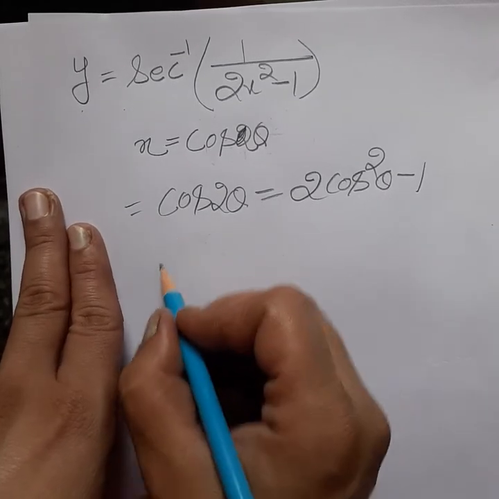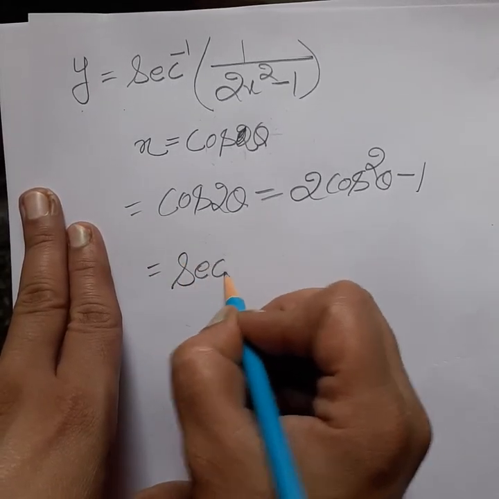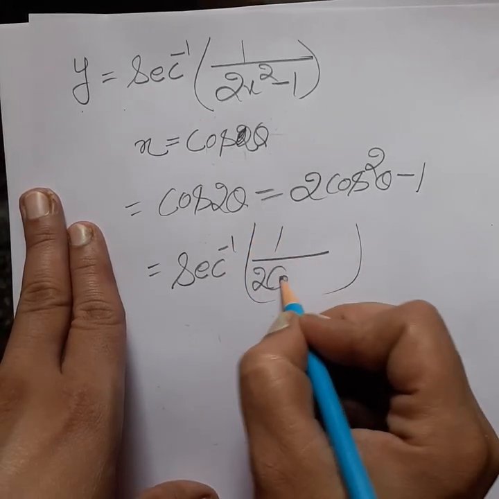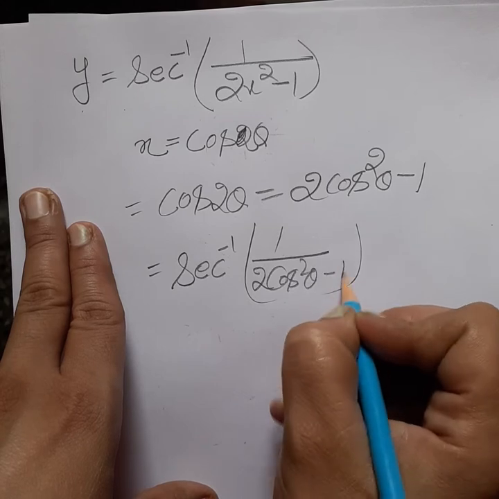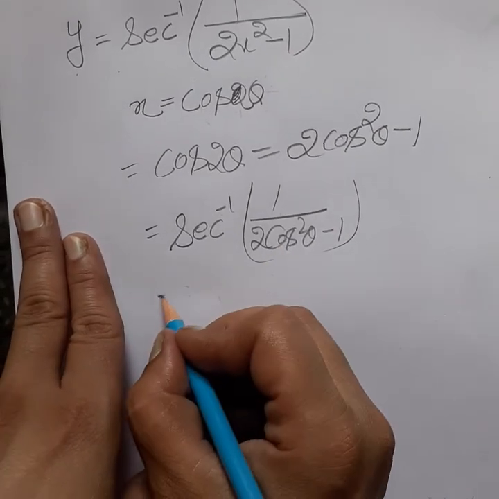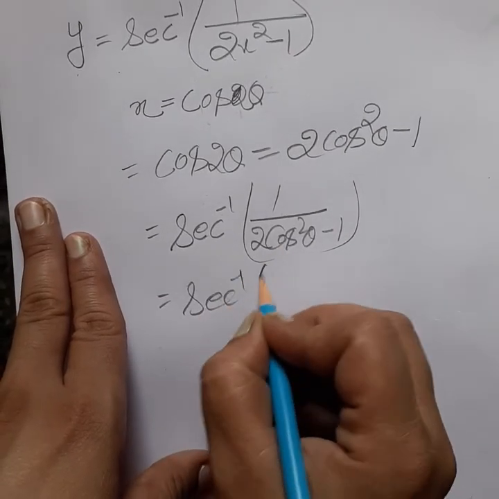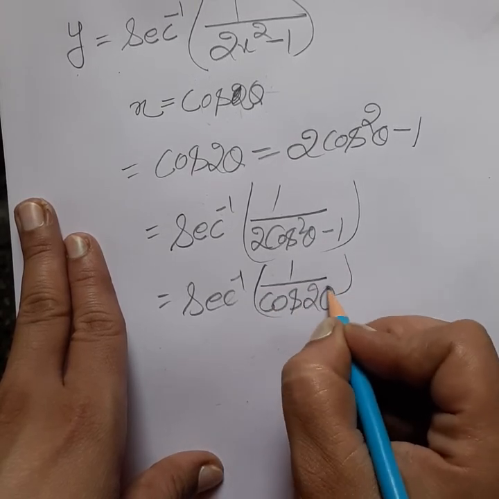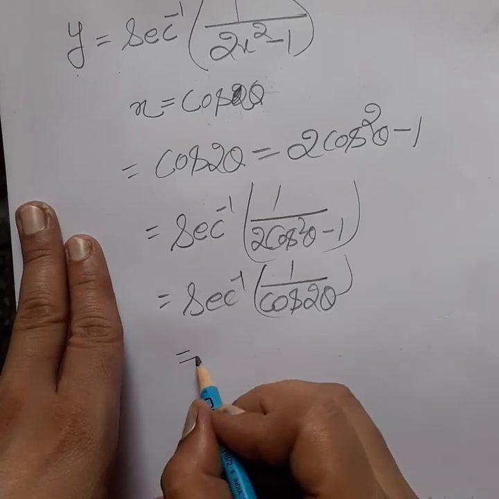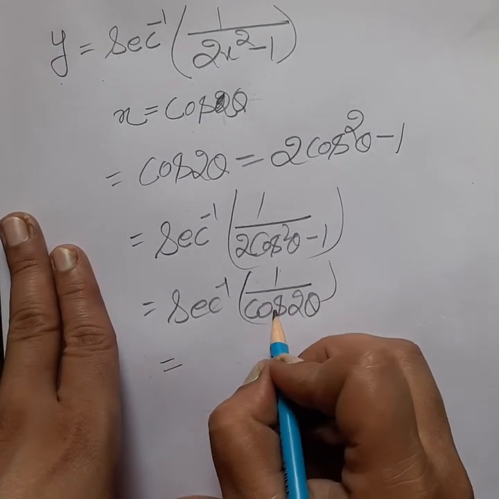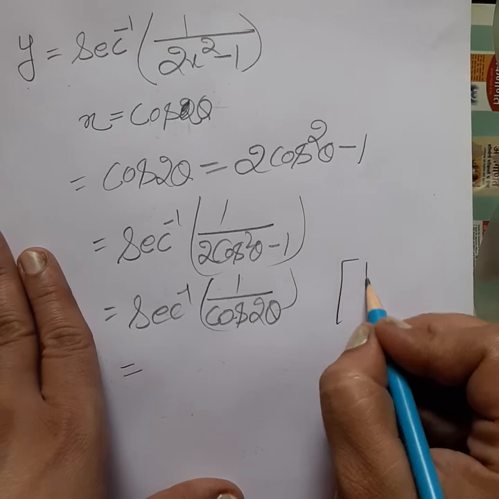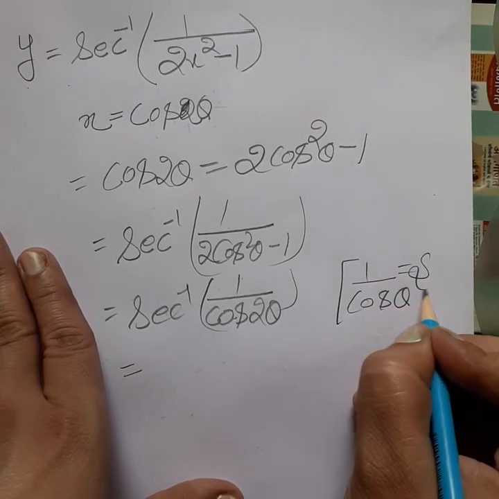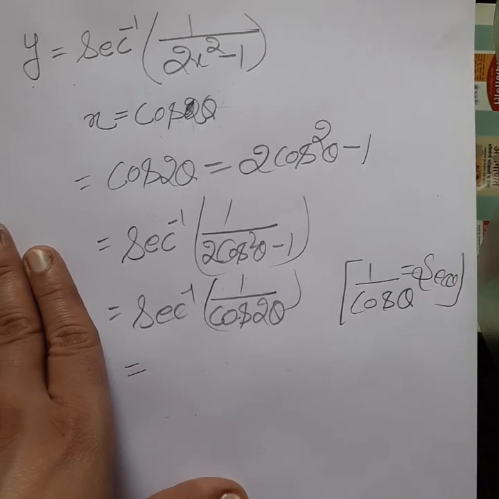So when we put this trigonometrical function in the place of x, you get 2 cos square theta minus 1. In this way, we get the formula of 1 upon cos 2 theta, and you know very well, as you read in the 10th standard, that 1 over cos theta is equal to secant theta.